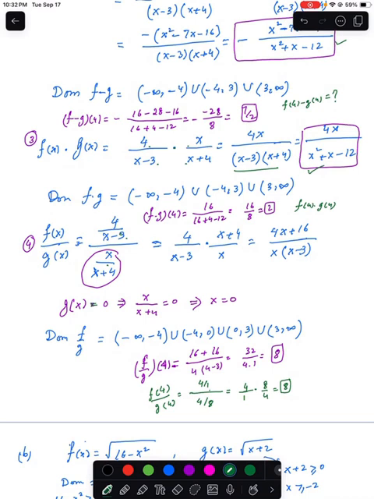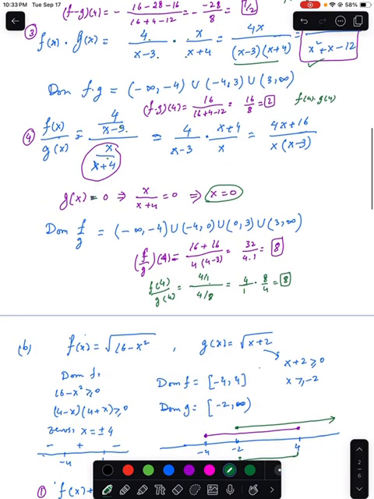So 0 should not be in our domain of f over g. And so here I'm taking the intersection which we already have found, and I'm adding another point which is thrown away. We end up with this new domain, and then the checking with the number.